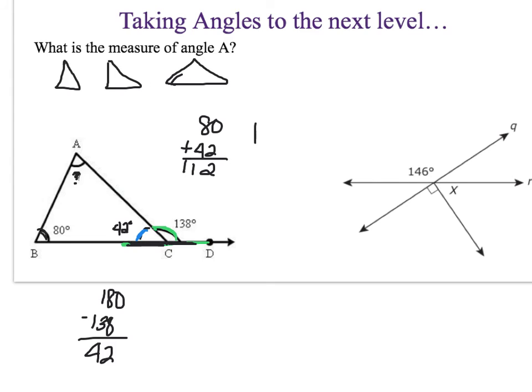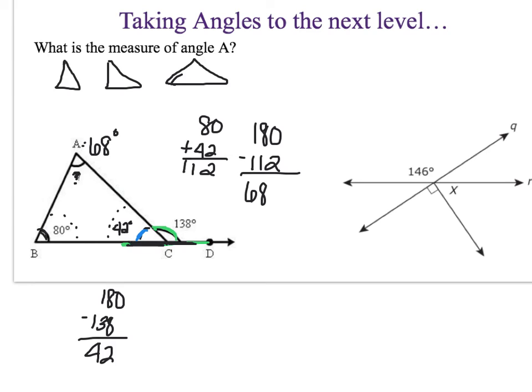My total is 180 degrees in a triangle. I'm going to take away the 112 that I already have between this angle and this angle, and I get 68 degrees. So angle A is 68 degrees.